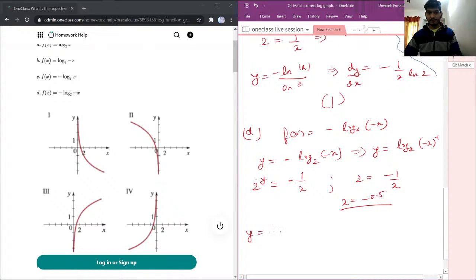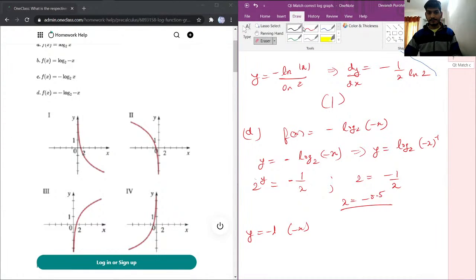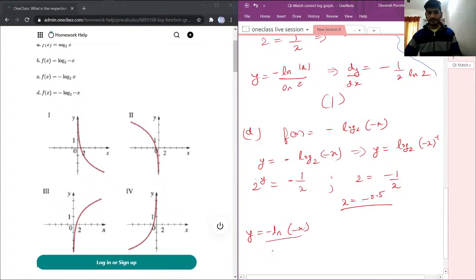Now again y will be equal to negative of log of negative x. So this will become negative ln of negative x over ln of 2, and the derivative will give minus of derivative of minus x, which is negative 1, times 1 over ln of 2.